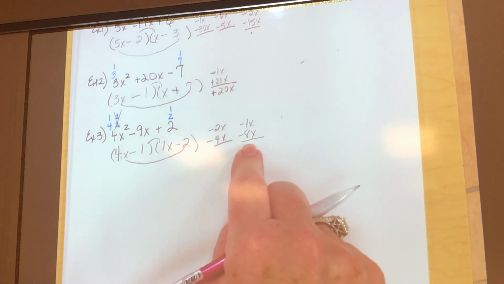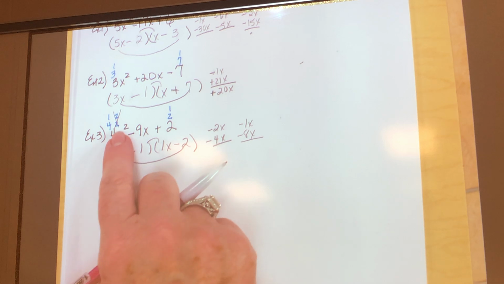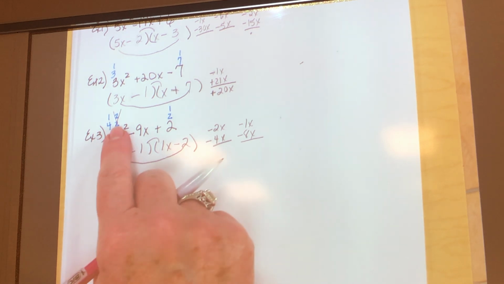Okay, so now let me tell you something. I knew it wasn't the 2 and the 2 when we started. I'm going to tell you how I knew. Most of the time it is not going to be the 1 and the something. But whenever you start here and it doesn't work and you go, wow, that doesn't factor, it's because it's the 1 and the something.